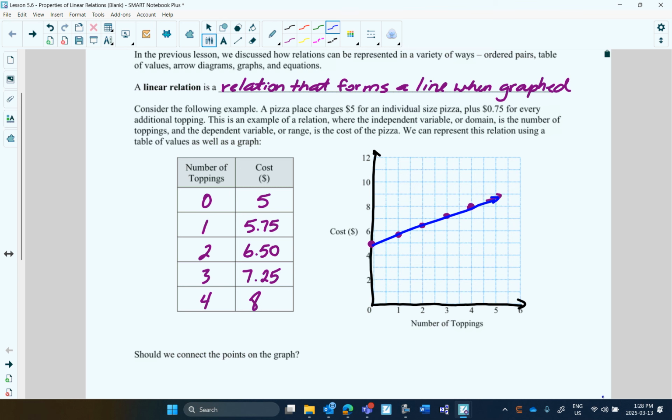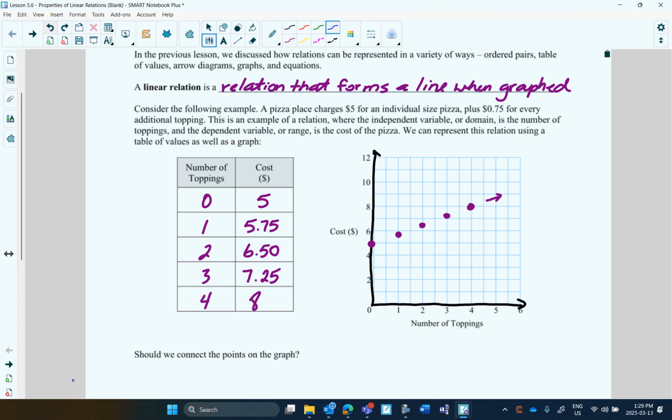Think of the question, or think of the situation. It's the number of toppings, right? Can I have half a topping? No. Can I have 1.5? No. I can only have 0, 1, 2, 3, 4. So you do not connect them. But you put an arrow on the end just to show that it can go on forever until, I guess, you run out of toppings to put on.